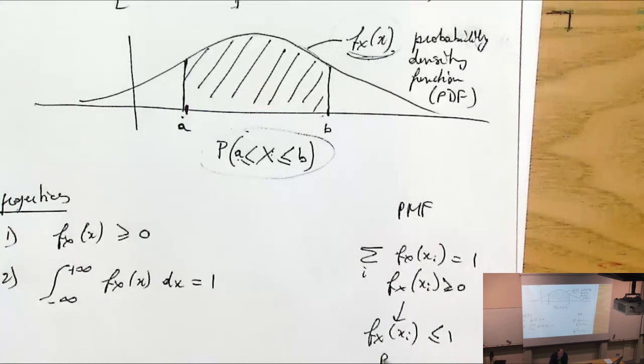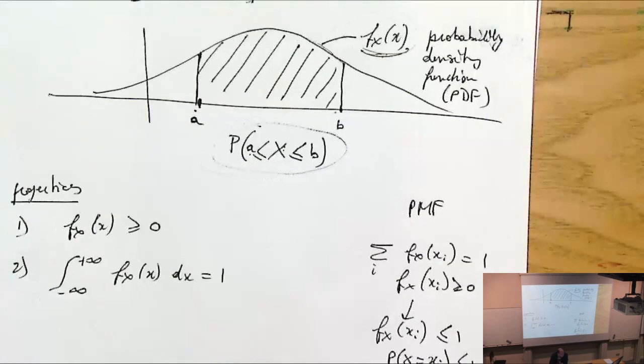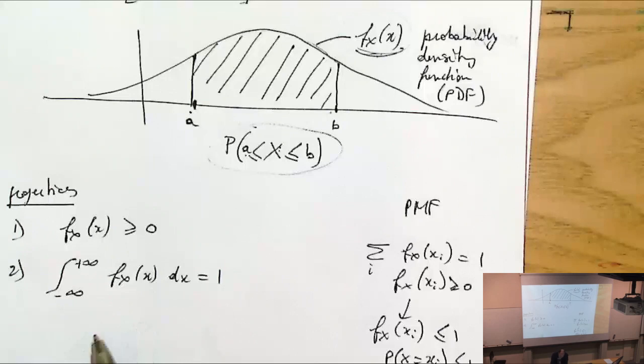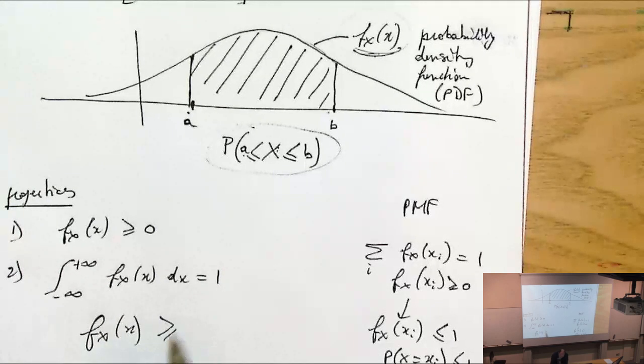The probability that x is equal to xi is always smaller or equal to 1. Here, I can have a case where fx of x is larger than 1, because this is just a density. It's not a probability, it's a density.